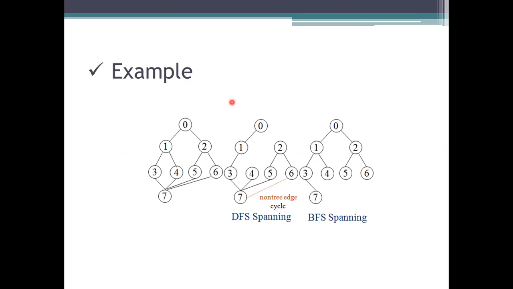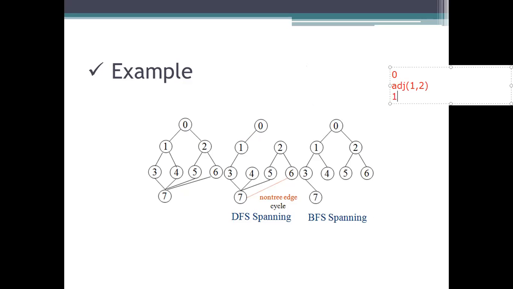Here we took an example which has 8 nodes with a structure like this. For the DFS spanning tree, first we go to the root node and look at the adjacent unvisited nodes. Visit 0. What are the adjacent nodes? 1 and 2.